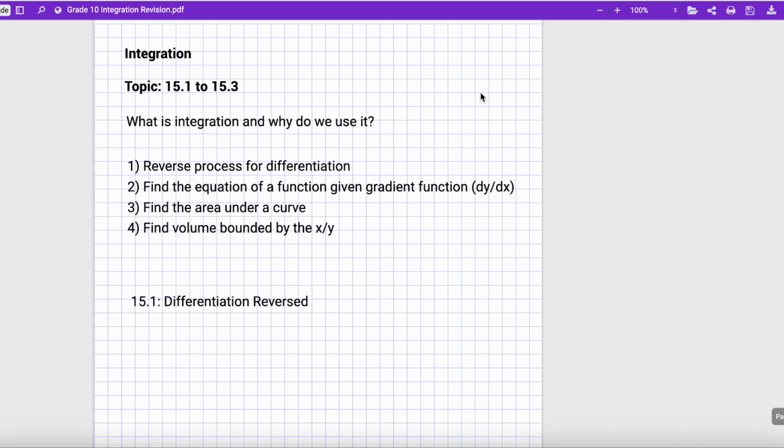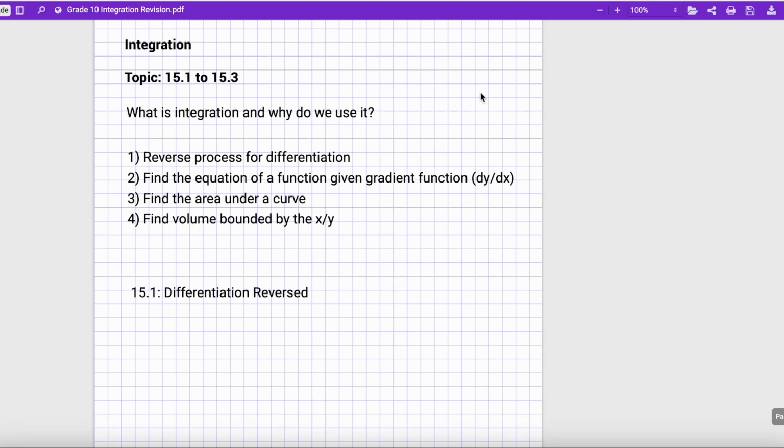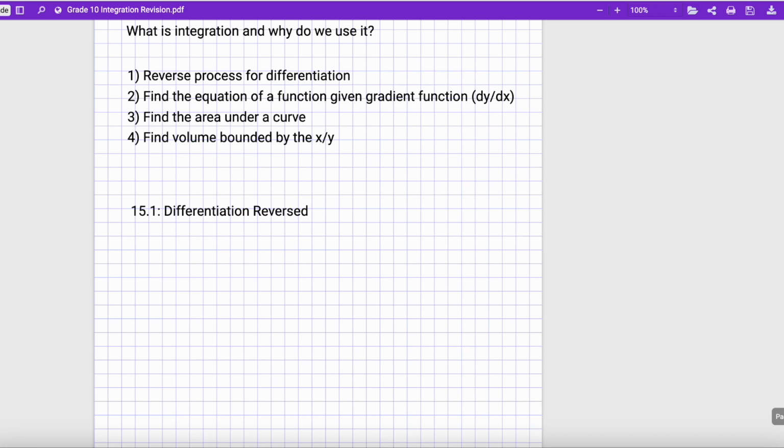All right, so let's talk about integration as a reverse process of differentiation. Let me annotate here. When we talk about differentiation, for example, dy dx is 4x. If we want to work out by hand what our original function is, it probably has something to do with x squared, because the power here is 1.